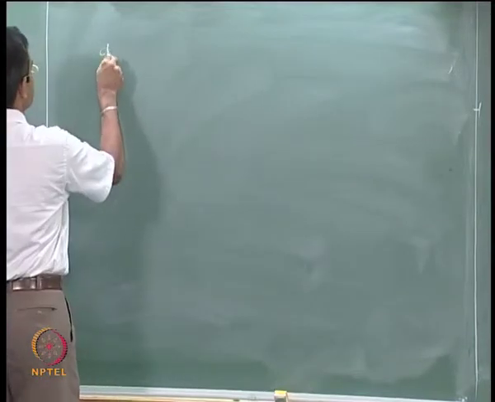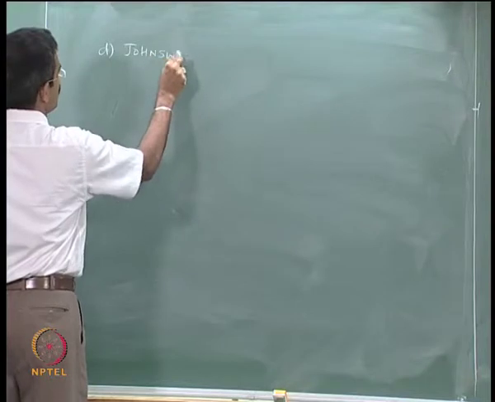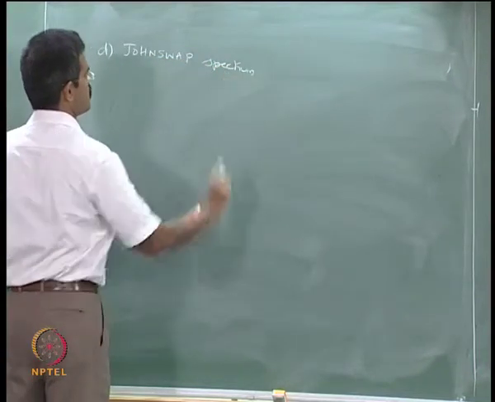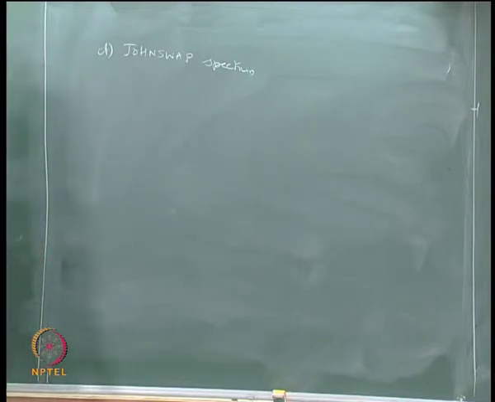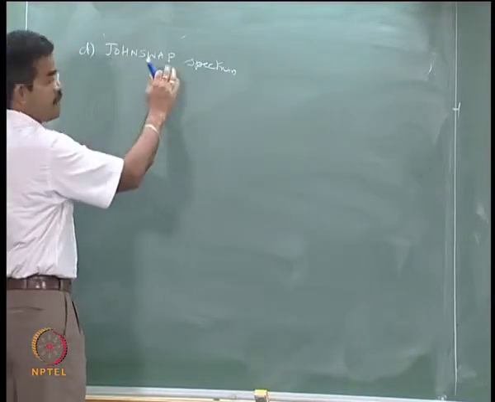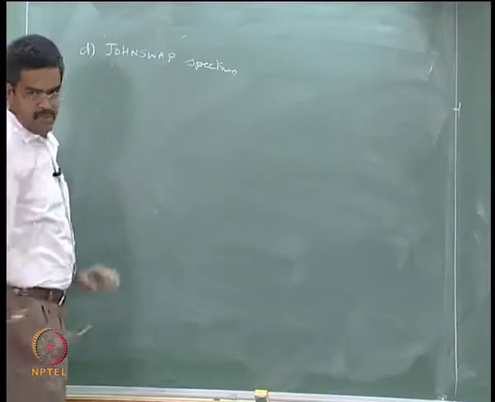So, D is JONSWAP spectrum. This has got exactly an abbreviation where it has been applied, so it is not somebody's name, okay. It should be written in capital, these are all expanded terms actually, okay.